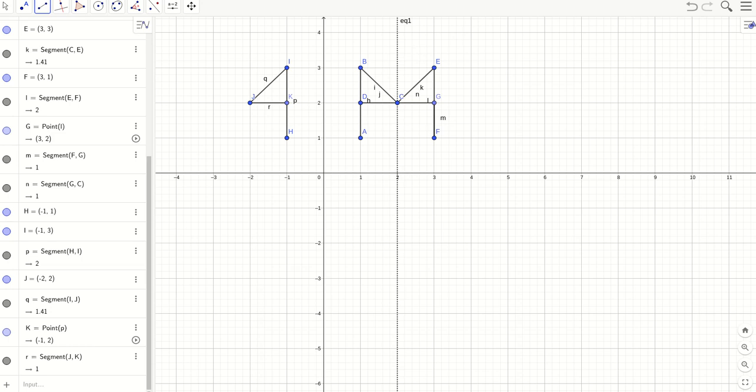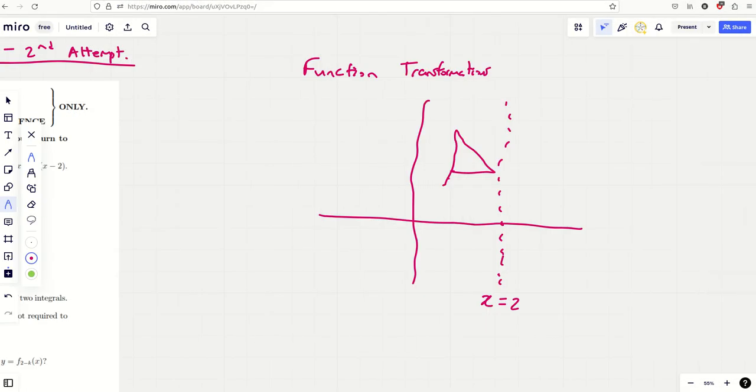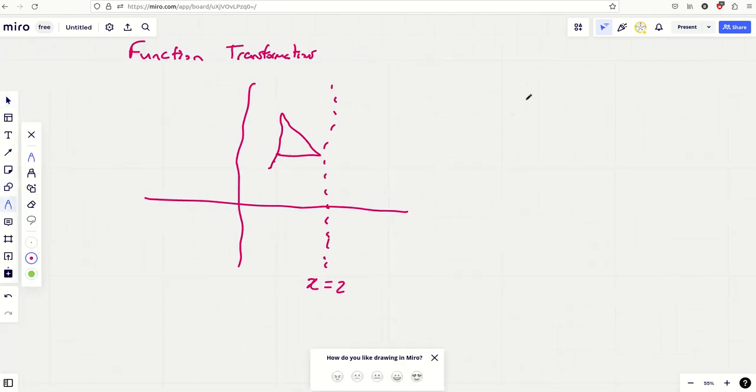And that's why I just wanted to quickly show you the way I think about these function transformations. Not the best way necessarily, there are lots of other ways of thinking about it, but if I want to reflect in the line x equals 2, then what I could do is reflect in the y-axis and then translate 4 to the right.